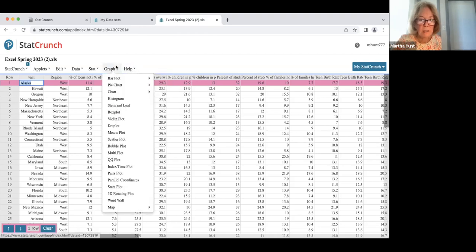Okay, and I don't know where that graph went. Shoot.